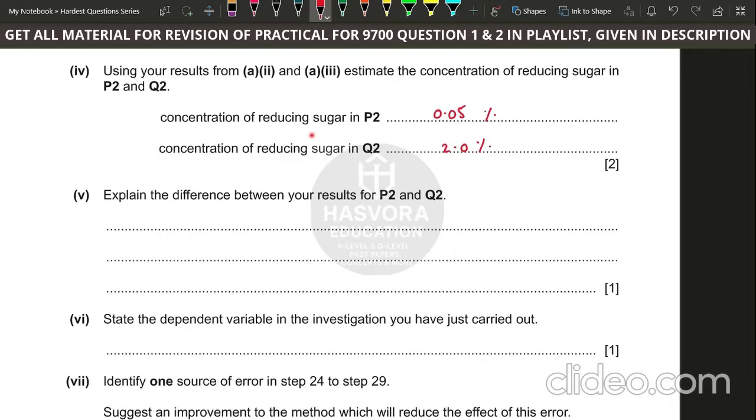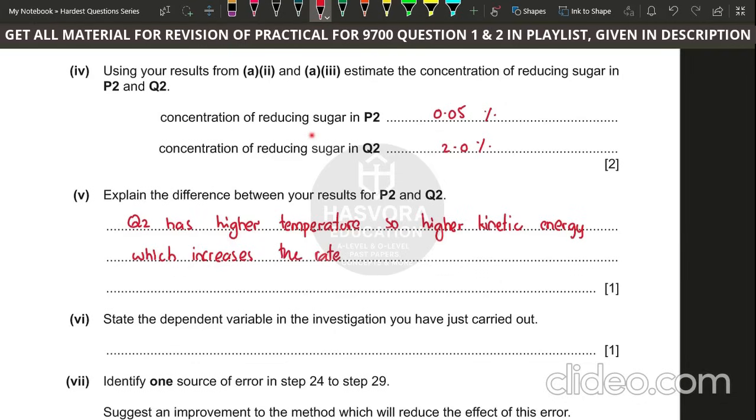Okay, so you will say that Q2 has higher temperature, so higher kinetic energy, which increases the rate of diffusion of sugar solution.